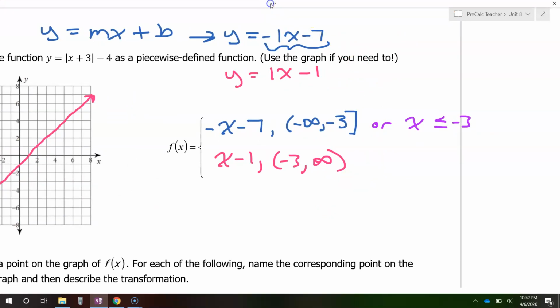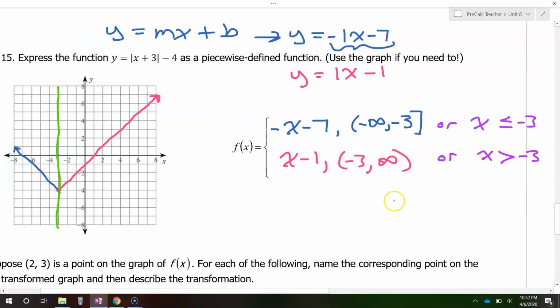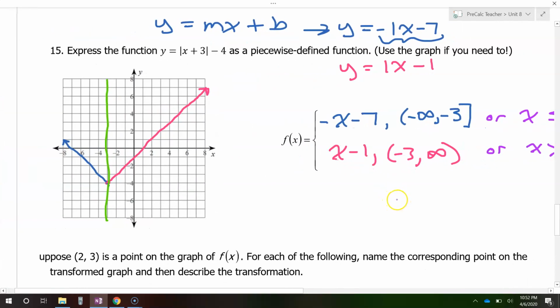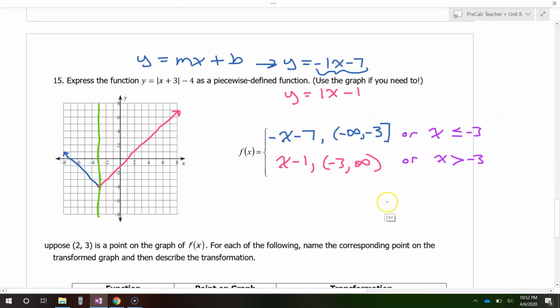Now, if I had written this using an inequality, I would have said x is greater than -3. All right, that is it. That is how you write an absolute value function as a piecewise function.